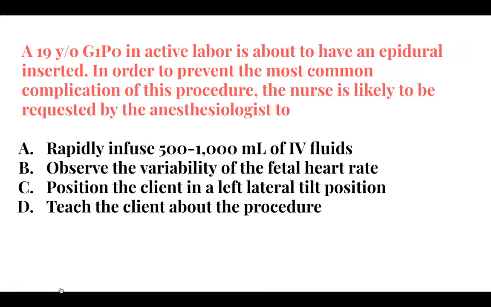If they start seeing changes to the baby, like if they actually see the late decels or other fetal signs of distress, then you're going to want to change the mom's position. And then teaching the client about the procedure is important, but the priority in terms of the most common complication would be to give those fluids.